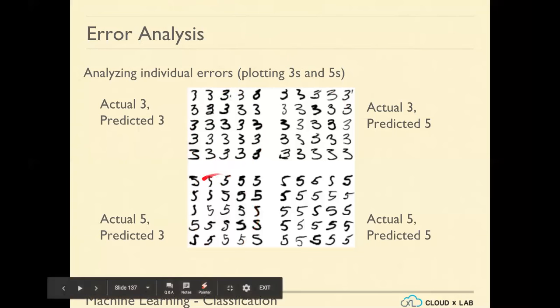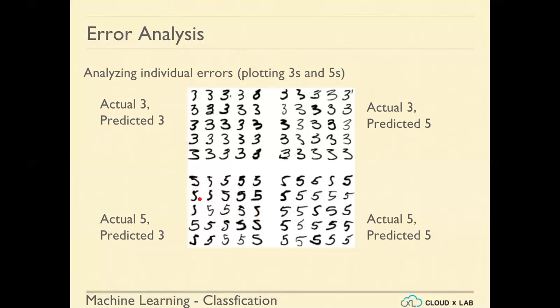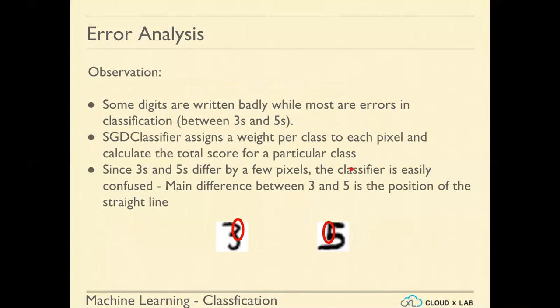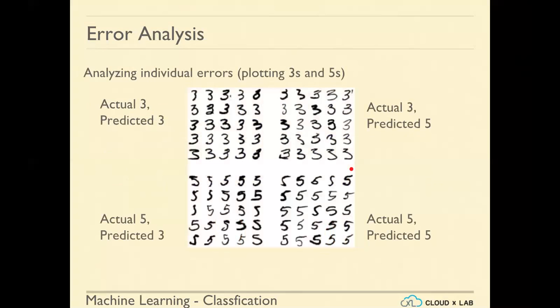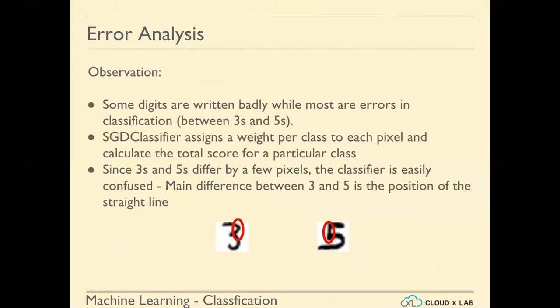Actual 5s that were predicted as 3, and actual 3s predicted as 5. Yeah, this looks like a doctor's handwriting. So specifically with 3 and 5, there seems to be some confusion in our algorithm. Our algorithm isn't performing great with respect to 3 and 5.